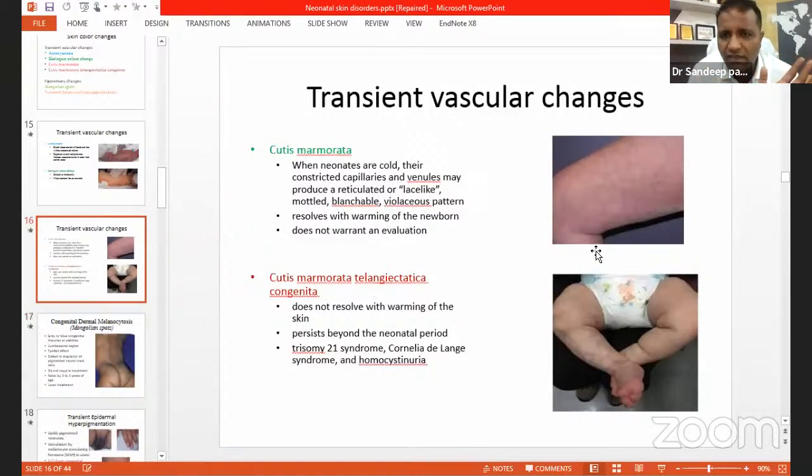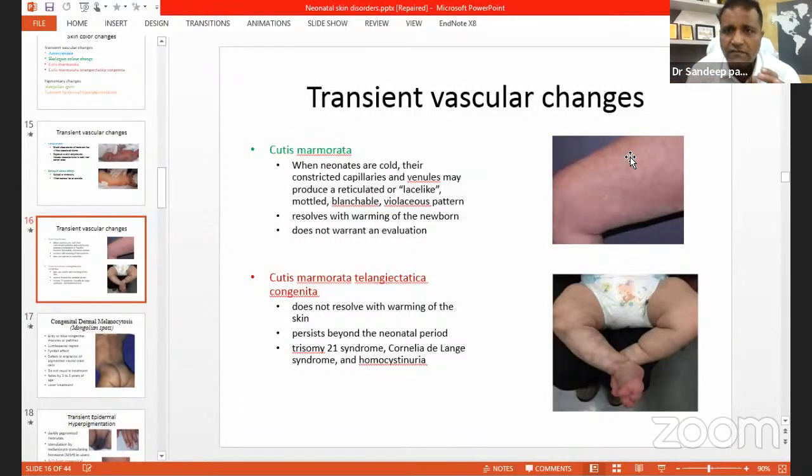If you look at them, this is the thigh of the child. It is showing a reticular lacy pattern, and here also lacy reticular with some blotching areas. Both of them look similar, but cutis marmorata usually is secondary to shock, low blood pressure, or the baby being hypothermic.